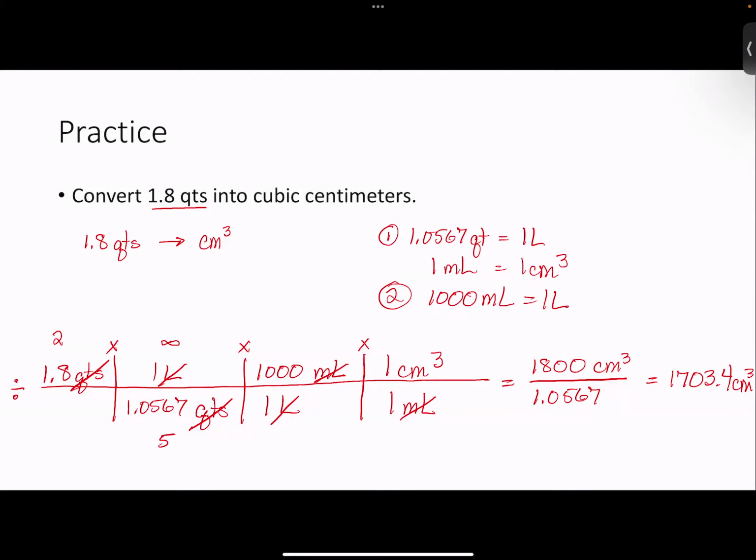Your metric prefix conversions are unlimited numbers of significant digits, as is the 1 centimeter cubed is 1 milliliter. Therefore, we have 2 significant digits divided by 5 significant digits, so our answer should have 2 significant digits. So we would record this as 1,700 centimeters cubed.